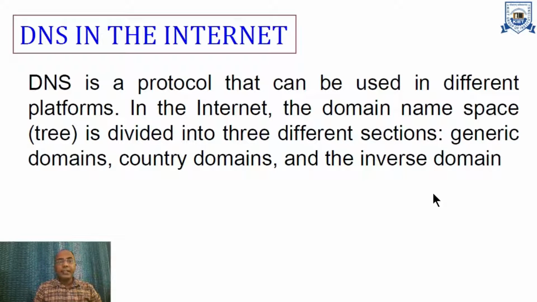Now, what is DNS in the internet? DNS is a protocol which can be used on different platforms. In the internet, the domain name space, that is a tree, is divided into three different sections: first, generic domains; second, country domains; and the third one, inverse domain. Now, what are they? Let's take some examples.